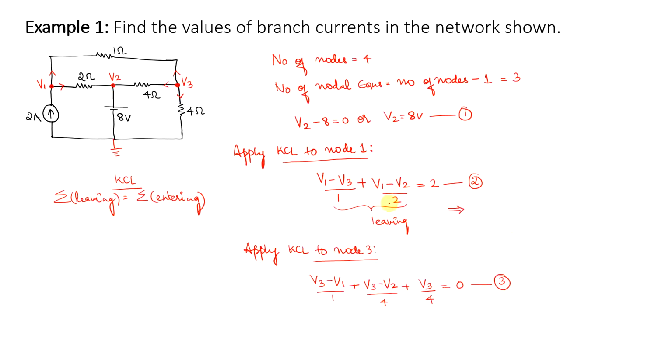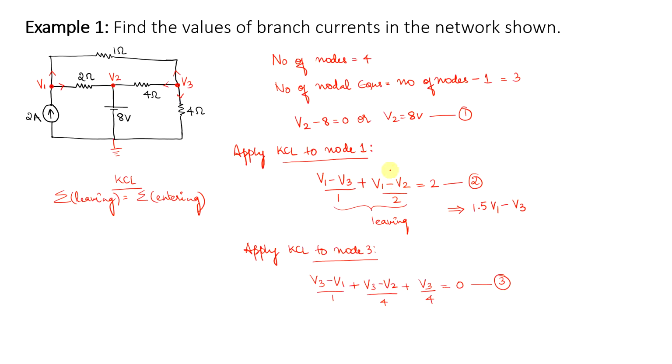So I can rewrite this equation as 1 by 2 is equal to 0.5, right? So 0.5 plus 1 is going to be equal to 1.5 V1, minus V3 is alone, so minus V3, and then you have the value of V2 as 8, so this is minus 8 by 2, that becomes minus 4.